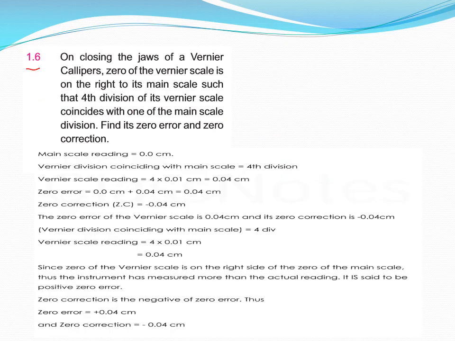Question 1.6 relates to zero error. Here the example of vernier calipers is given, and it is given that the 4th division of the vernier scale coincides with one of the main scale divisions. So we have to find the zero error and zero correction. Here you note that the 0 of the vernier scale is on the right, so it's a positive zero error. Zero error is obtained as we just learned in the previous lecture.